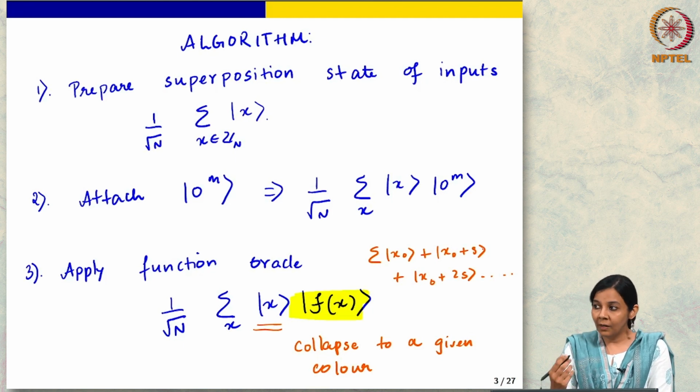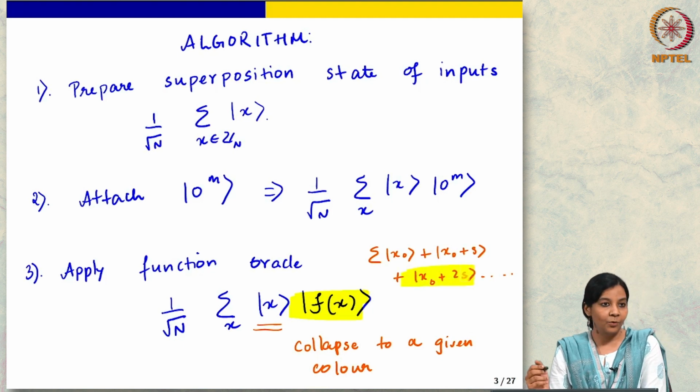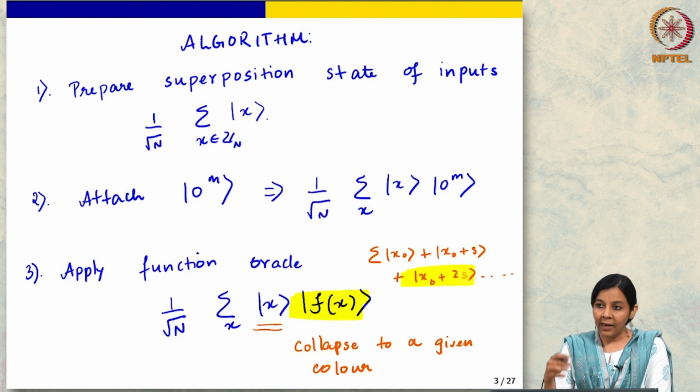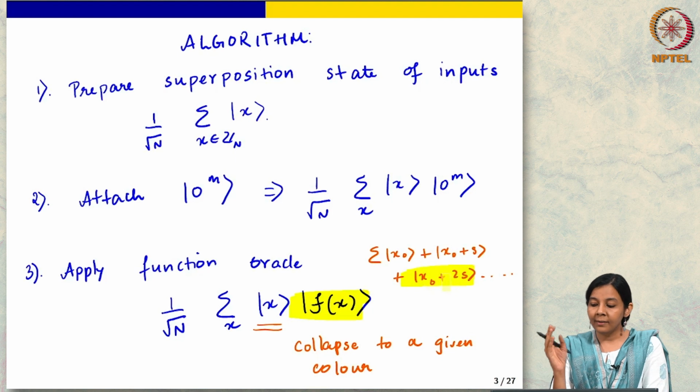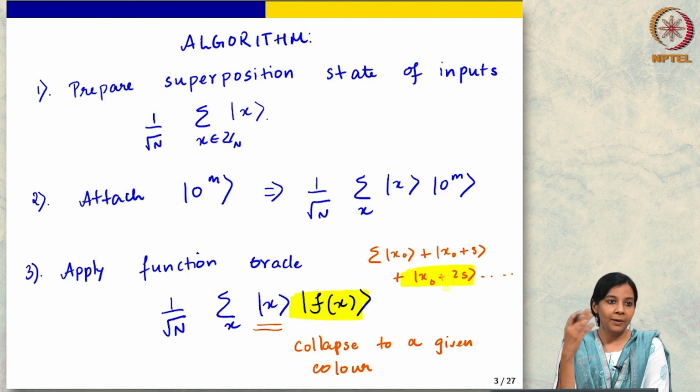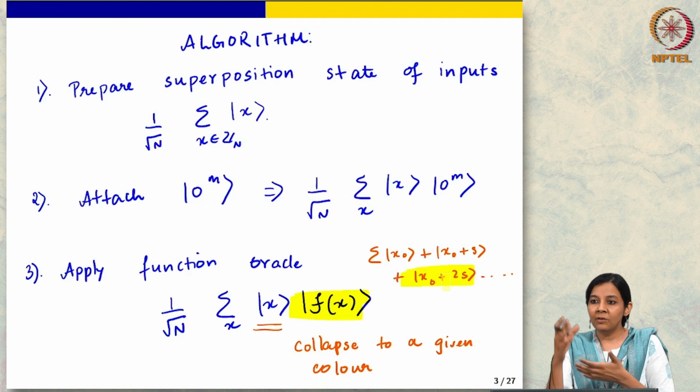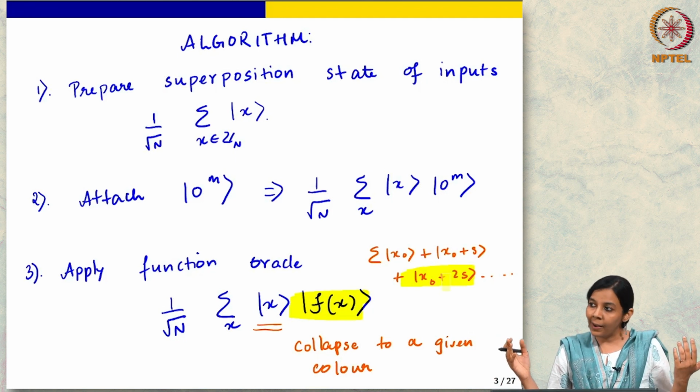So it does not work, because let us say I measure and I get x0 plus 2s. Now, when I repeat this process, I won't get a multiple of s offset by the same x0. It will be some x0 prime or something, and this is just giving me random values in the space, which is not going to help me recover s.